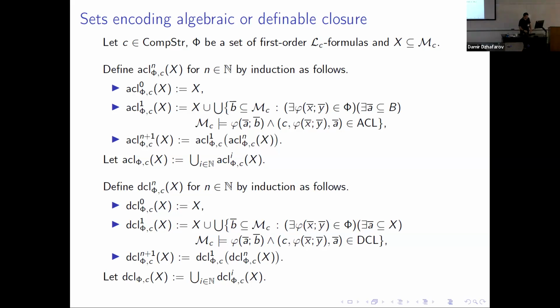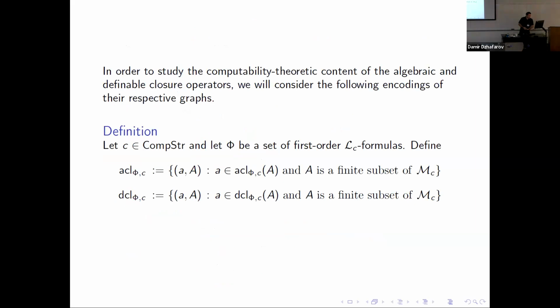For notational purposes, we define ACL phi sub c as the set of finite tuples and elements A where A is in the algebraic closure of the finite tuple, or likewise in the DCL, A in the definable closure of the finite tuple. This is the computable subset of the natural numbers whose precise computability theoretic complexity we actually want to get.